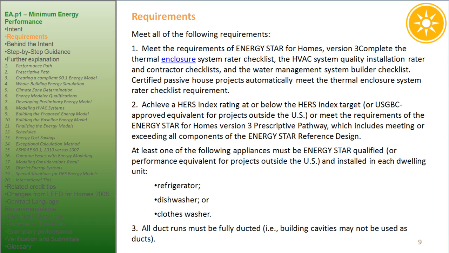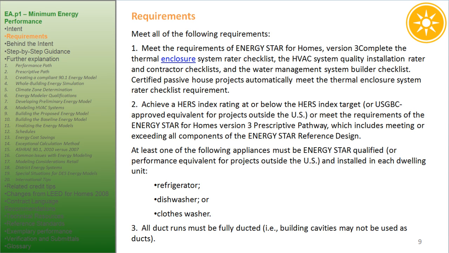Requirements. Meet all of the following requirements. 1. Meet the requirements of Energy Star for Homes, Version 3. Complete the thermal enclosure system rater checklist, the HVAC system quality installation rater and contractor checklists, and the water management system builder checklist.